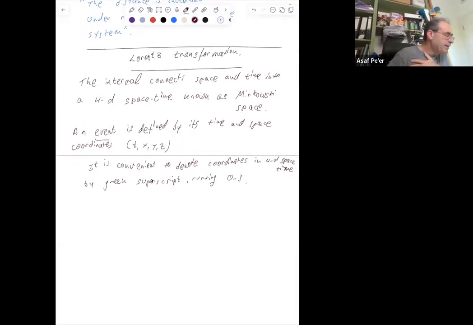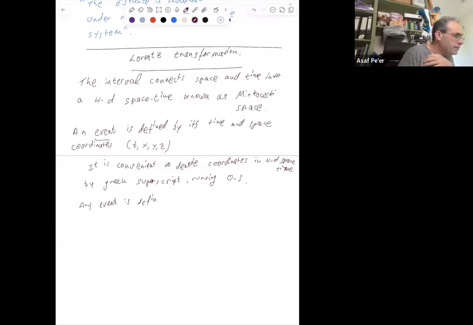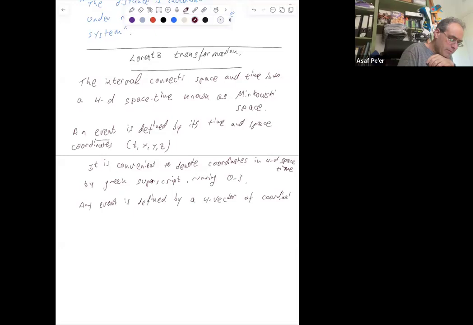Which means that any event is defined by a 4-vector of coordinates. Call it x mu.